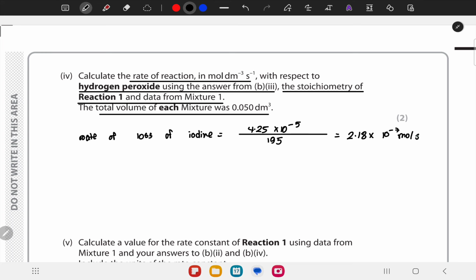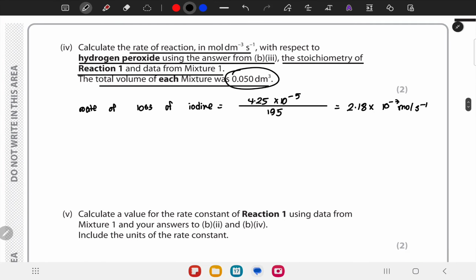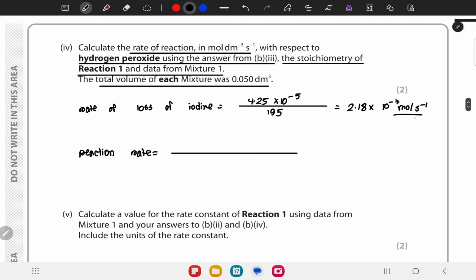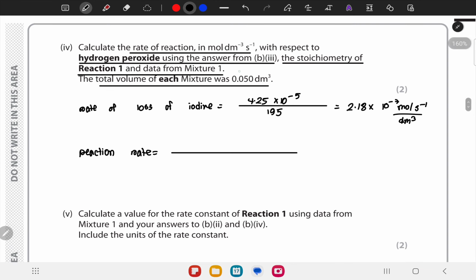We don't have the dm³ yet. Now we use this to find it in mol per dm³. So reaction rate would be this divided by the volume, so if we divide by the volume we get this unit over here.